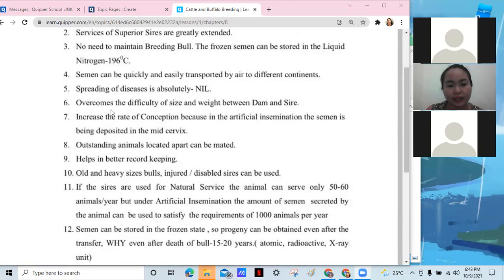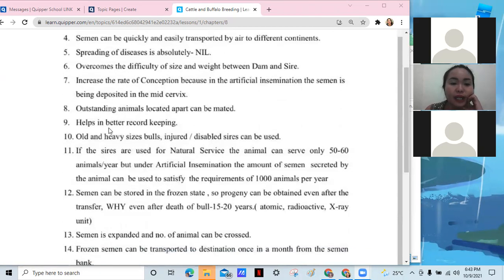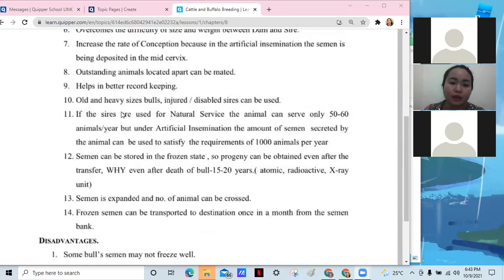It overcomes the difficulty of size or weight between the dam and sire and their compatibility, and increases the rate of conception because in artificial insemination the semen is deposited in the mid-cervix, so it is more accurate. Outstanding animals located apart can be mated, and it helps better record keeping.